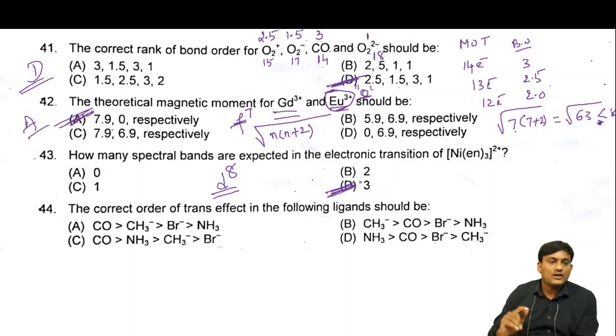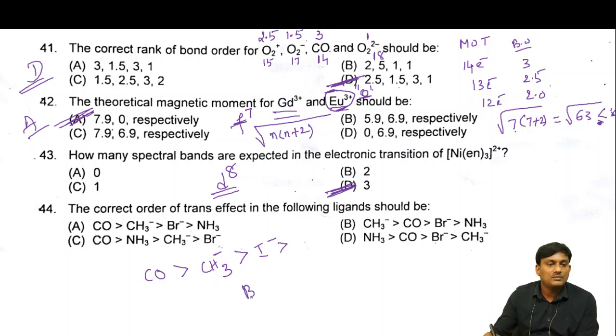The correct order of trans effect in the following ligands should be. Okay, the trans effect generally: CO, CN- greater. Next one is CH3-, and next one I-.